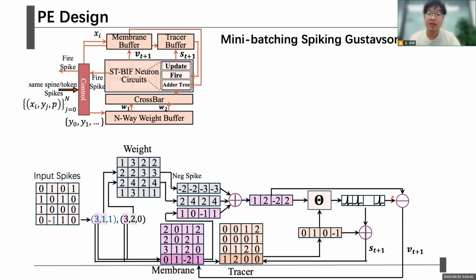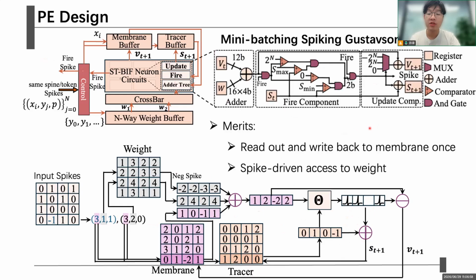The generated spikes are also sent to the update module in the STDF neural circuits, which updates the corresponding membrane row and tracer row back to their buffers. In summary, with the mini-batch spiking Gustavson-product, each membrane row and spike tracer row is read out and written back once. Meanwhile, the weight buffer is accessed in a sparsity-aware manner.